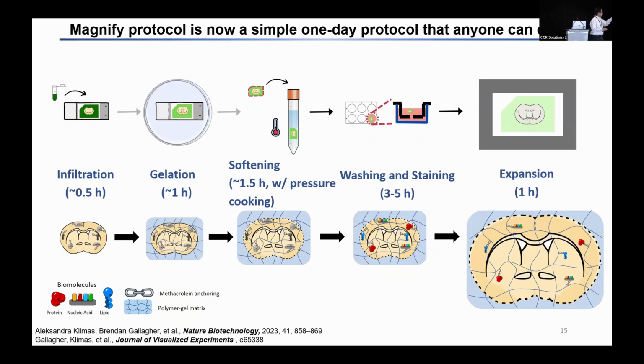Basically, you have the tissue, you put in the gelling solution, mix them together, wait a little bit, gel it 1 hour, and then you cut out the gel, put them in the denaturing solution with the pressure cooker, and then after 1.5 hours maximum, you can do the washing and staining with your antibodies. And after that, you are ready for expansion and imaging. So everything combined, if you start in the morning, you finish in the afternoon.